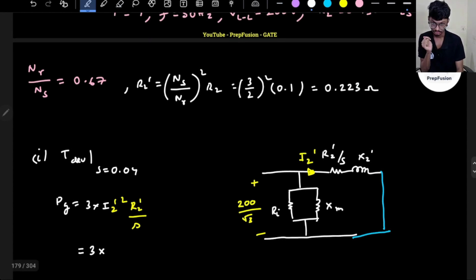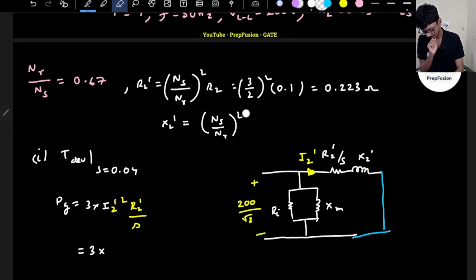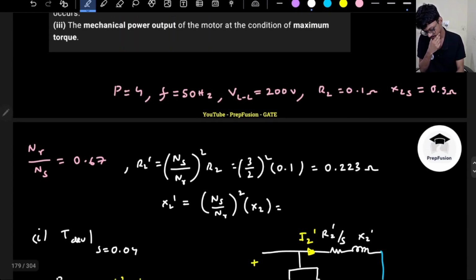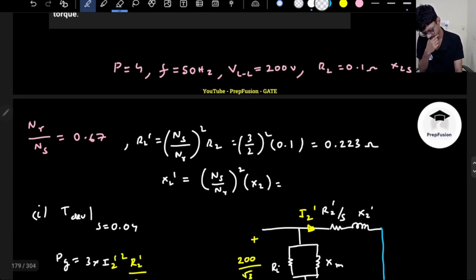Now what is my X2 dash? So X2 dash, same formula will be applied, right? It will be Ns by Nr whole square into X2. X2 is how much? X2 is 0.9, right? My handwriting is super bad.